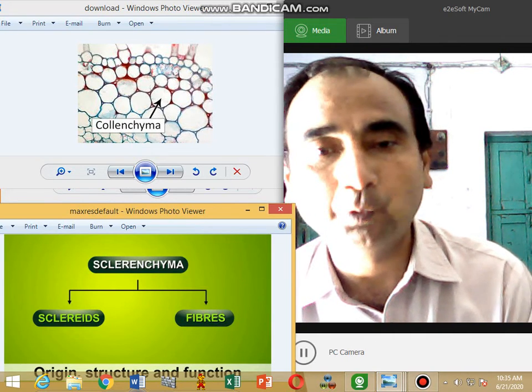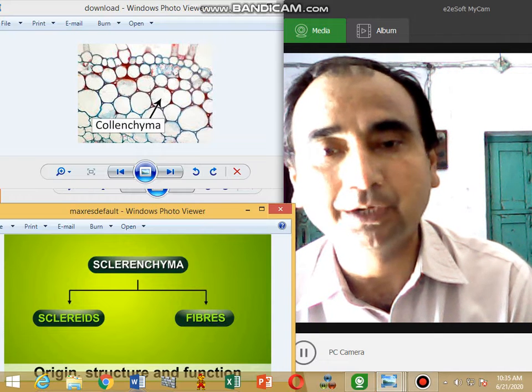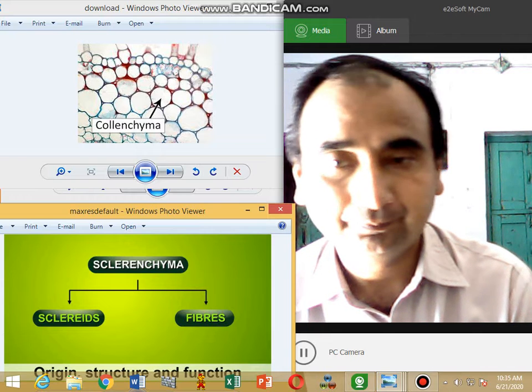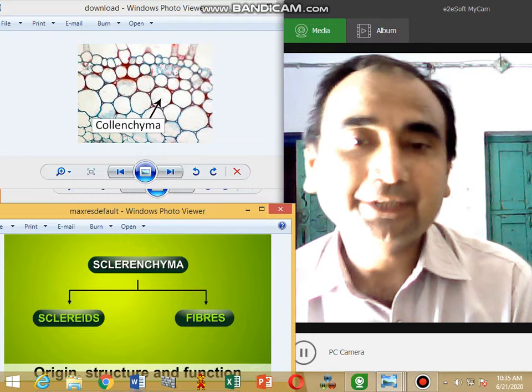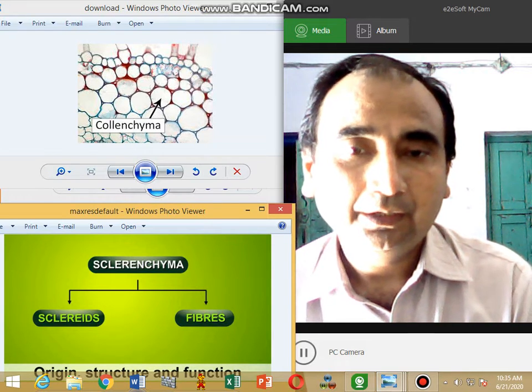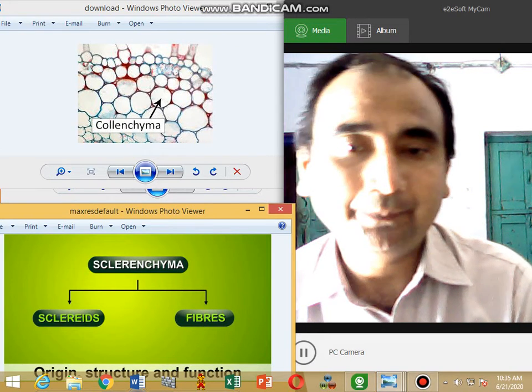The stem also supports the plant. Stem is a link between the root and the aerial parts of plants. In terrestrial plants, mostly they face a considerable amount of wind pressure, so they get bent.